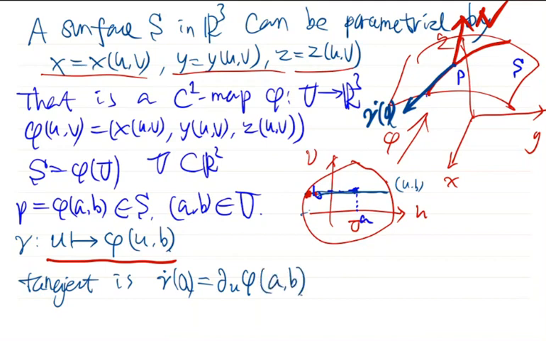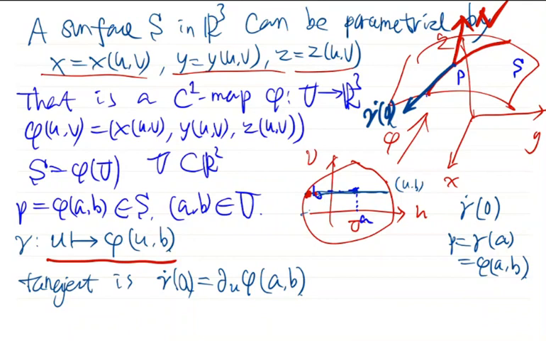That is the tangent vector of this curve. Of course, previously the tangent vector of the curve was gamma dot 0, but now we use gamma dot a, the derivative of gamma at a, because our P is now not gamma(0) but gamma(a), which is phi(a,b). Therefore, we need to take a derivative at a. The reason is similar to the case gamma dot 0.